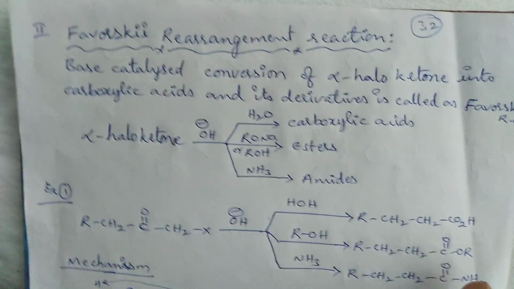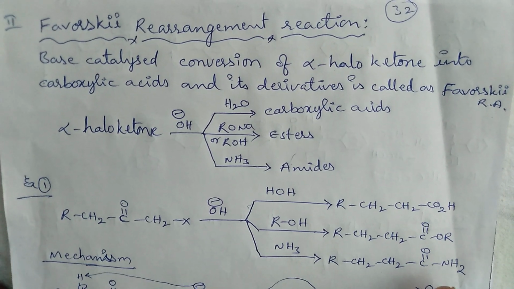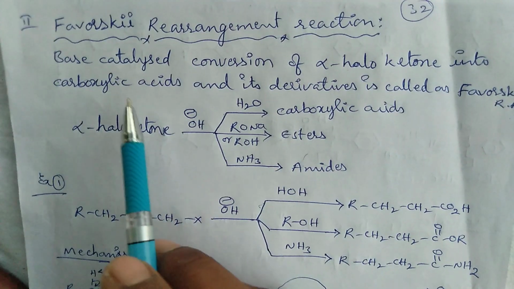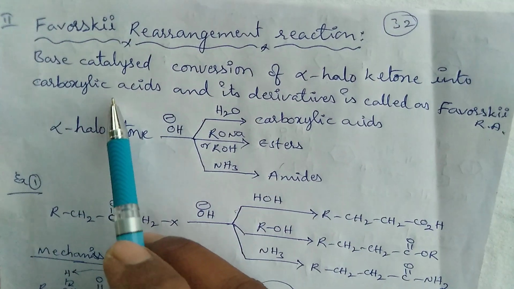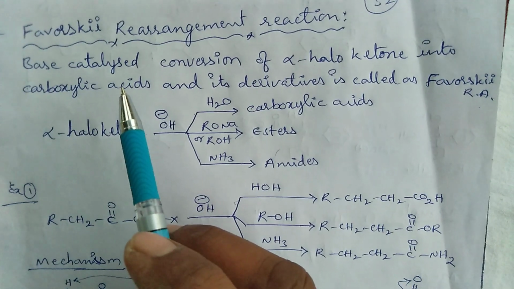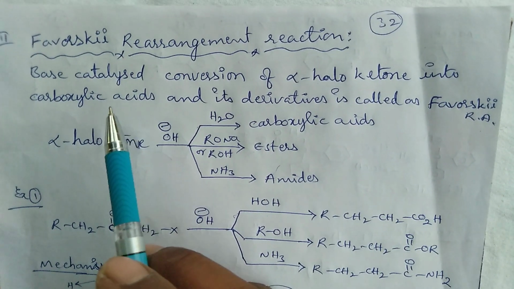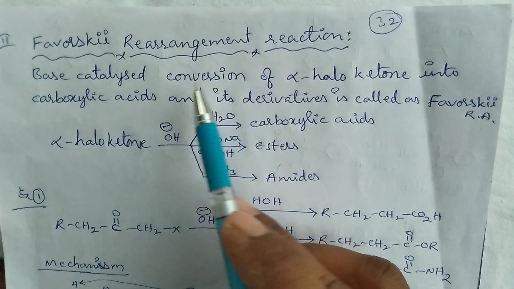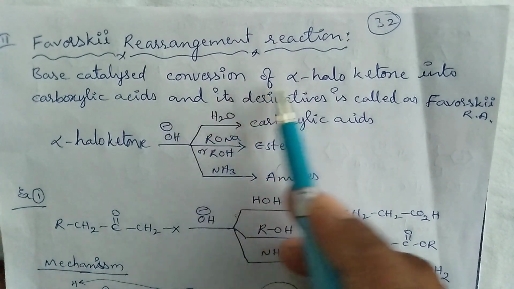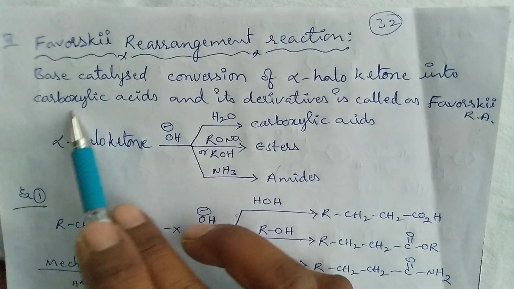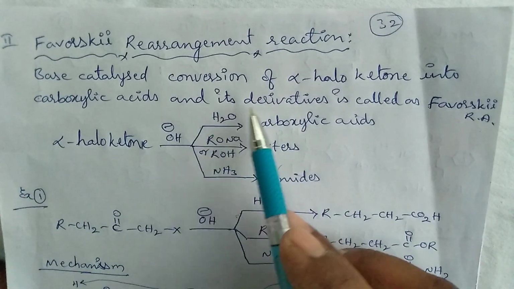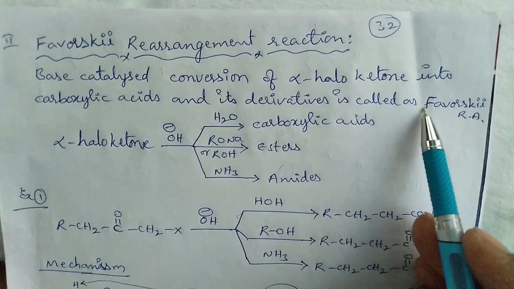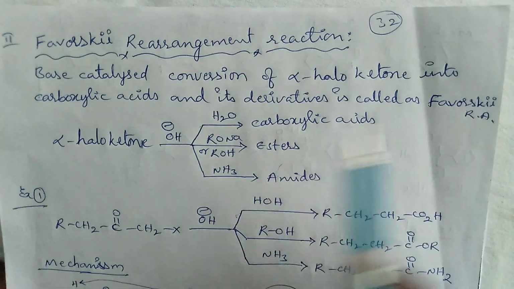Next, the next reaction is the Favorskii rearrangement reaction. Here, generally the base catalyzed conversion of an alpha haloketone into a carboxylic acid and its derivatives is called the Favorskii rearrangement reaction.